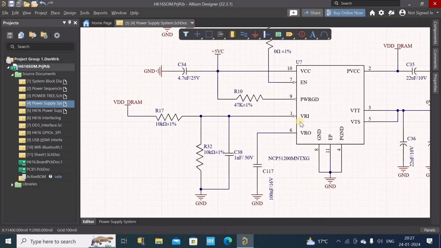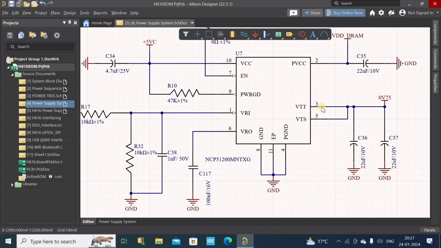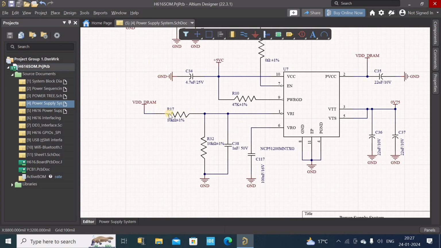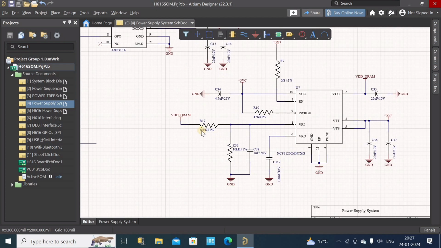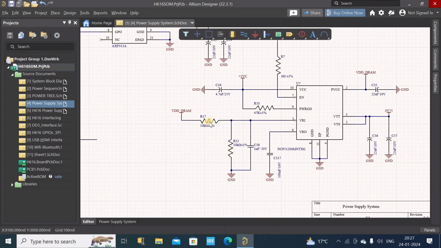Okay, and then VRI, this is for generating whatever voltage we desire from these pins, which needs to be generated at this point through our voltage divider. Here we are supplying this VDDQ, which is 1.5 volt in our case, and this is nothing but the voltage divider for generating this voltage.